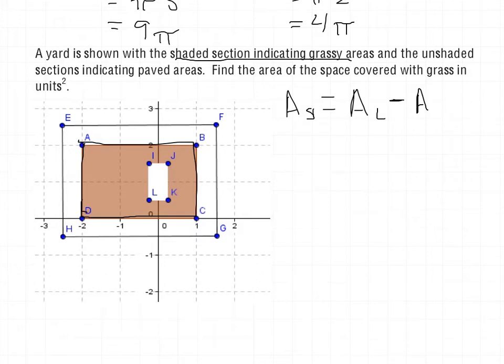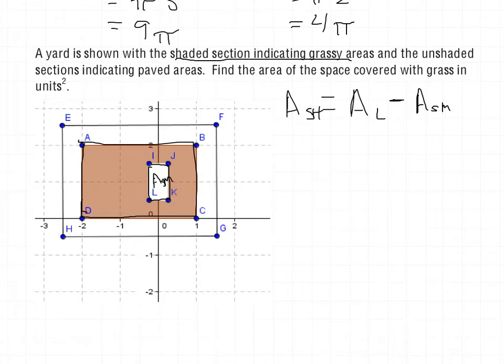I'm going to call this SH for shaded, and I'm going to call this SM for small. So the area of the shaded region would be the area of this large rectangle minus the area of this small rectangle. And I'm going to label this on my figure, here is the area of the small, just so I don't get confused.